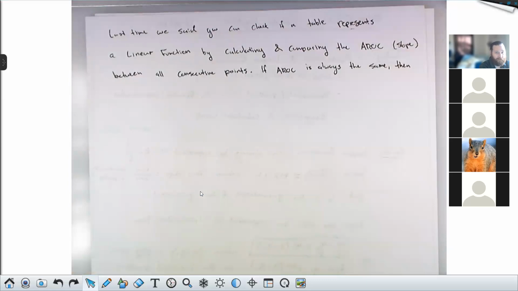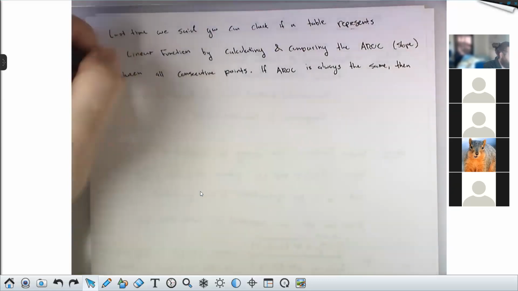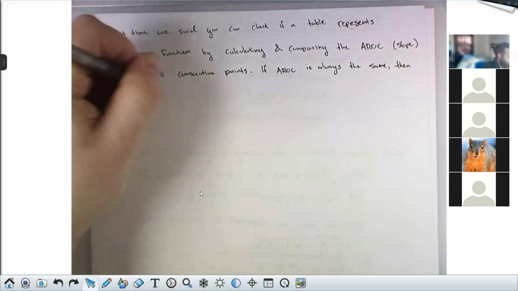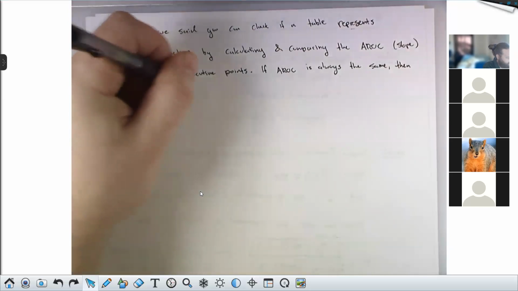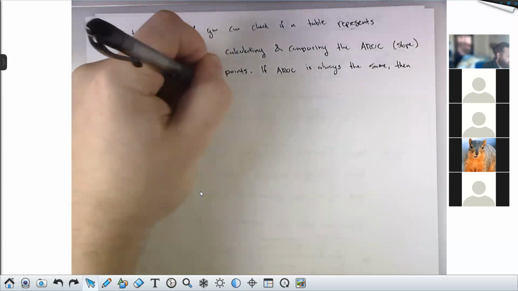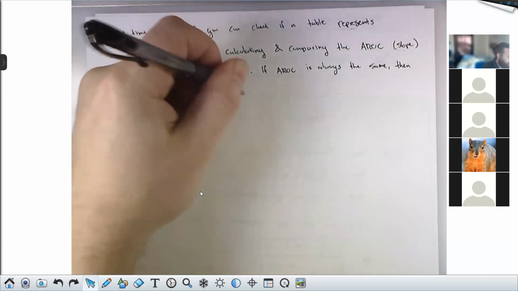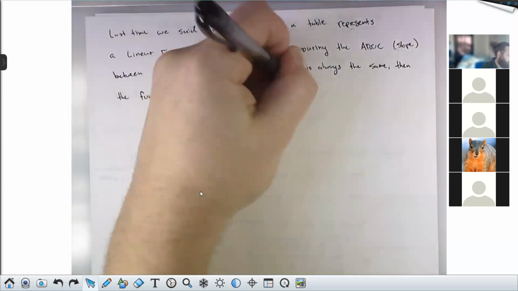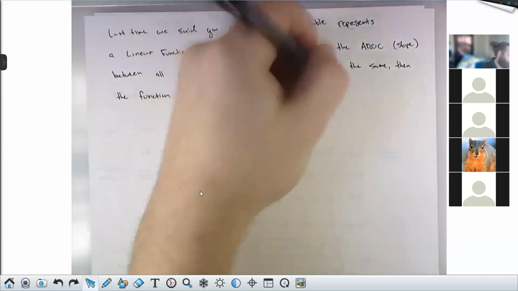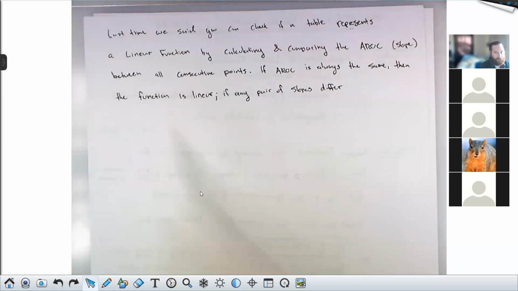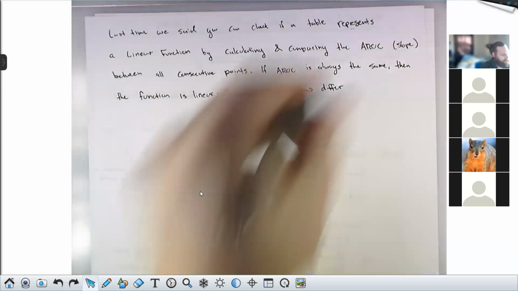And by definition, that's a linear function. Then the function is linear. If any pair of slopes differ, right? If this doesn't happen, if they're not all the same, then the function is not linear.